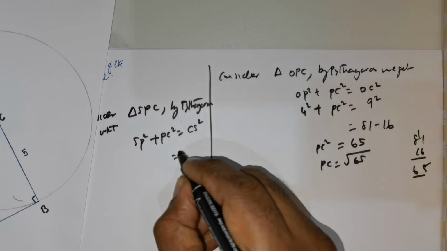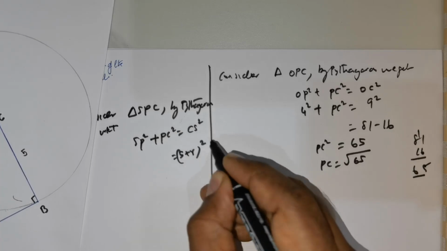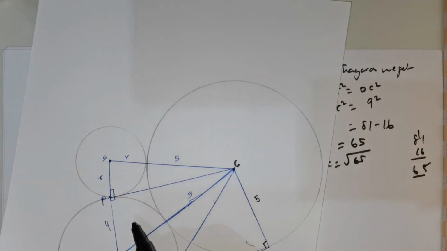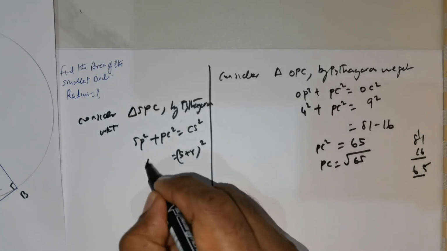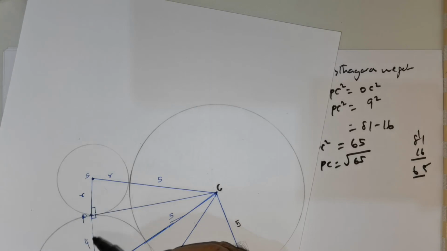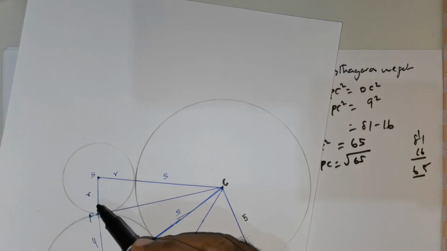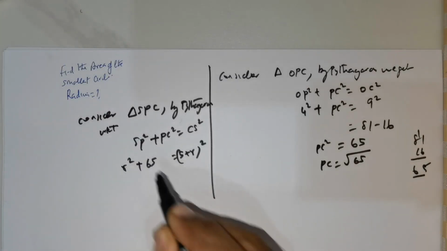So CS is 5 plus R, whole squared, and PC squared, PC is this one, so it's going to be 65, plus SP. I'm taking SP to be of radius R units, so this is going to be R squared.